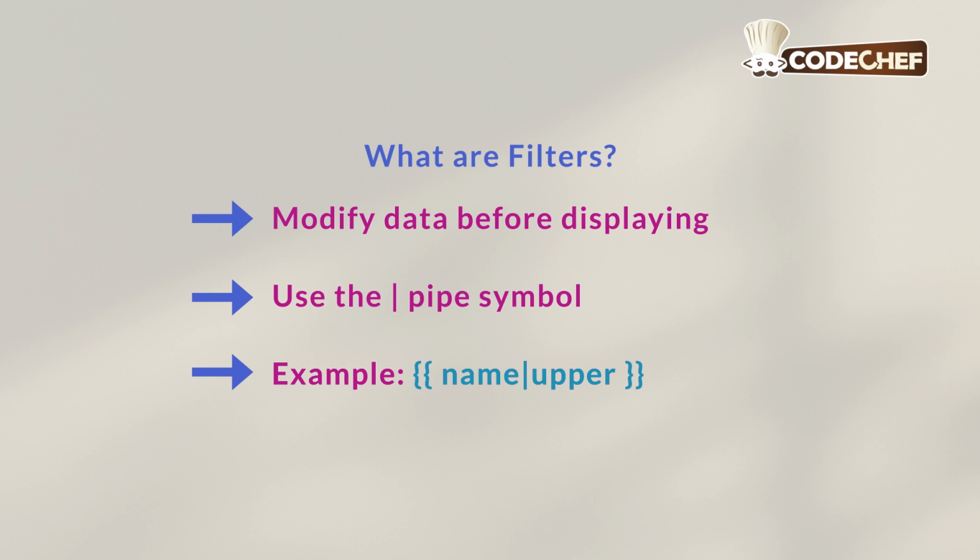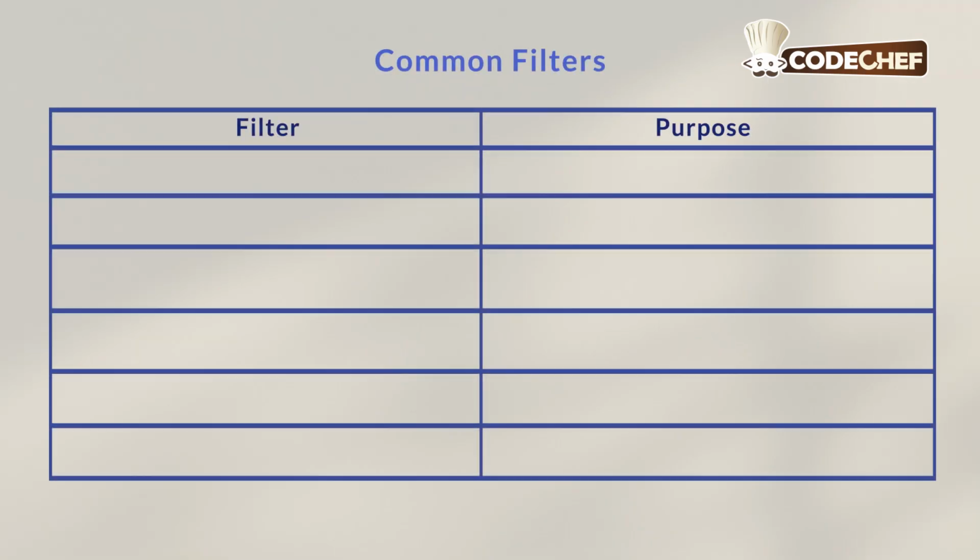What this does is turn the text in the name variable to uppercase. Since we are dealing with variables, we have to enclose them within double curly braces. Django gives many built-in filters, and these are some that you will use most often. We'll see how they work in the example that we will take.